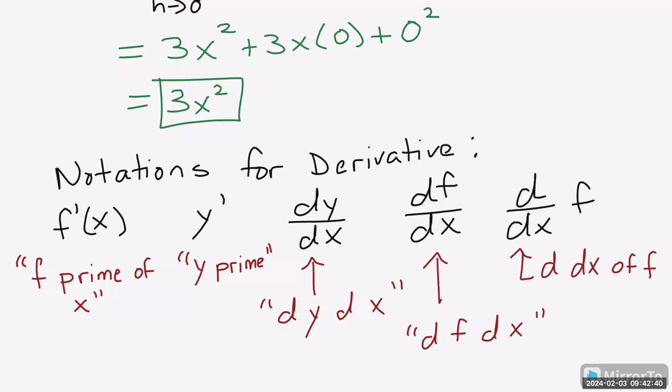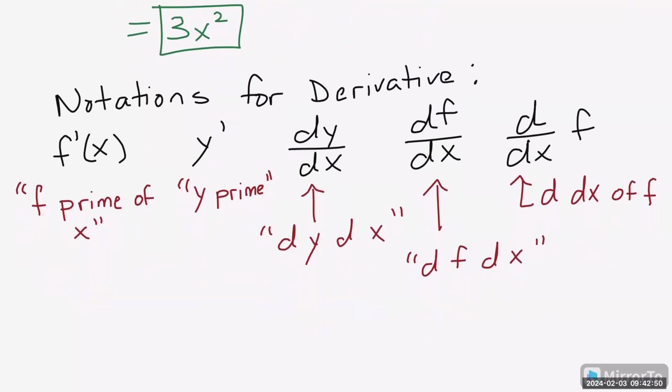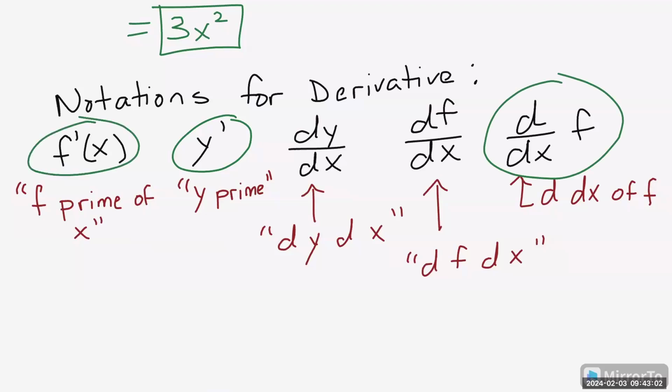So there are lots of different ways to express derivative, lots of notation. Just like in English, we might have various words that mean the same thing. Same thing happens in math. The ones that I like to use the most are this one and this one right here, and then sometimes this. I rarely use the other two.